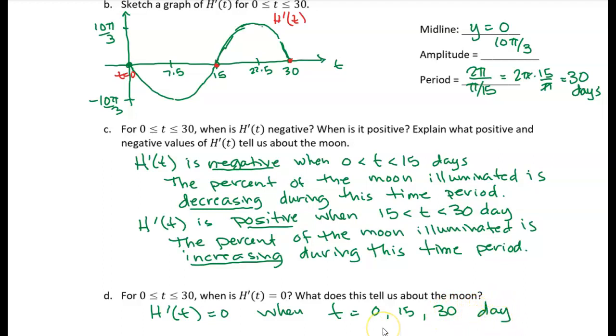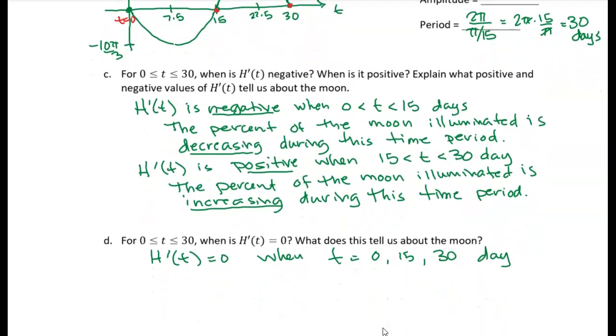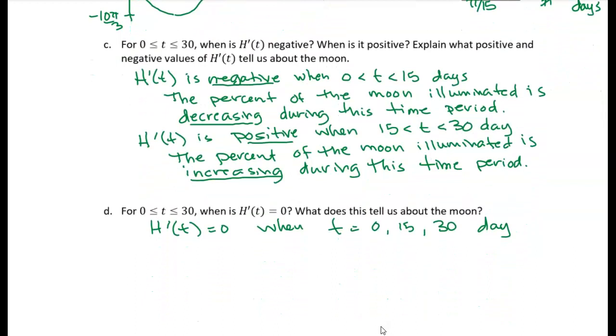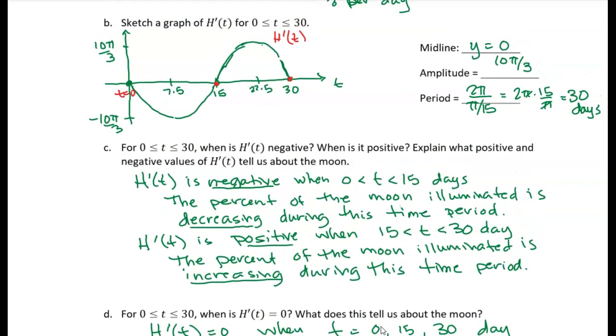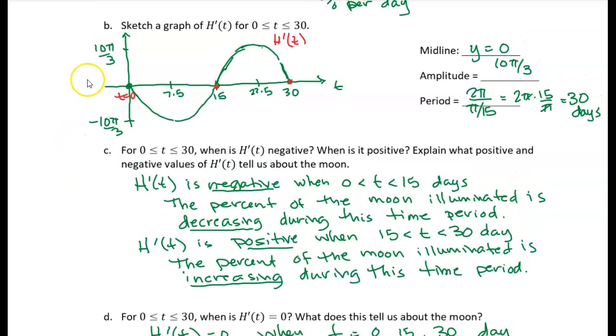All right, so what does this tell us about the moon? Well, let's take a look at the graph. Now you can imagine this cycle is going to just continue. So if I extended this beyond, it's going to continue like this, right? So you can see at t equals 0, the derivative is positive and then it becomes negative, right?